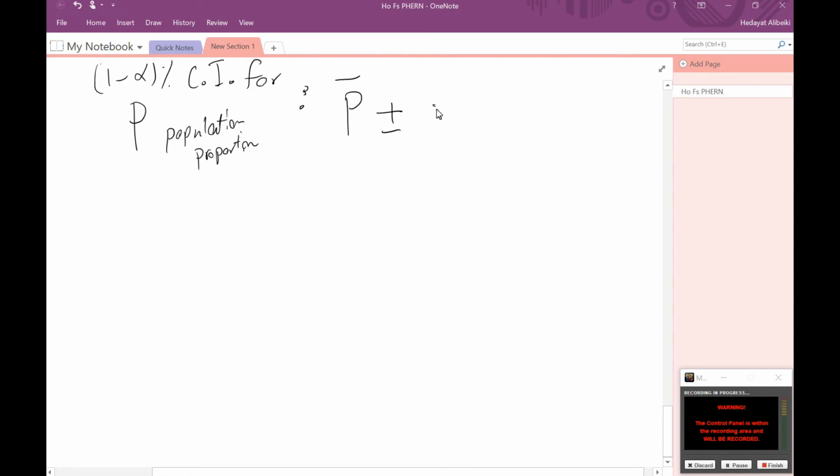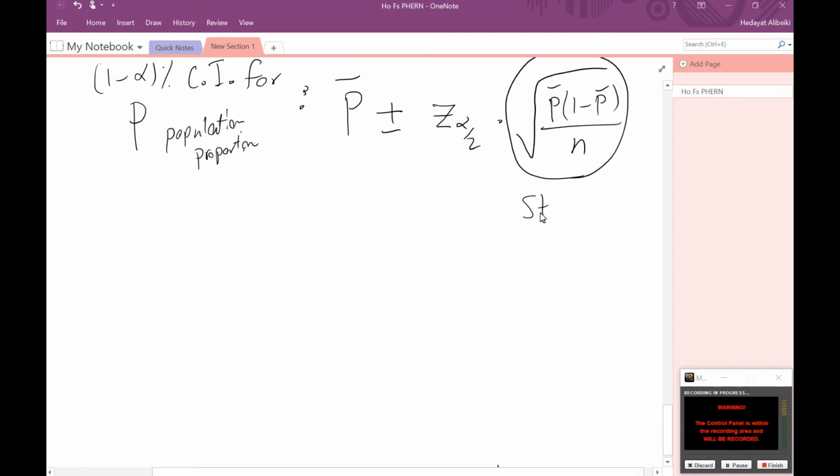Margin of error now is z half of alpha times standard error, which is the square root of P bar times 1 minus P bar divided by n. So this is the standard error, and this is the z value.